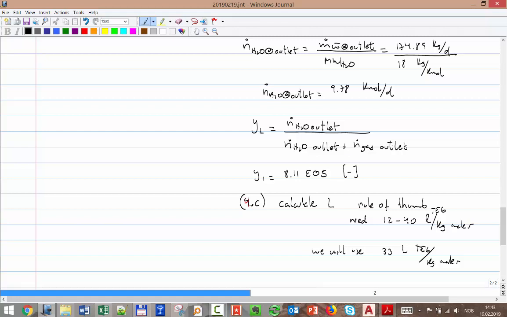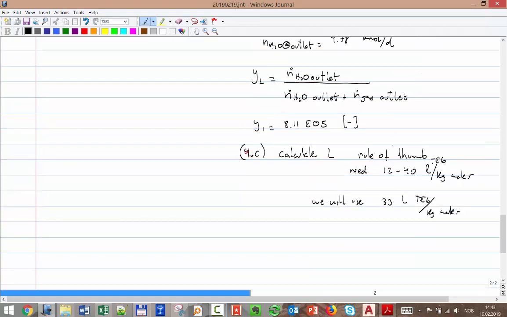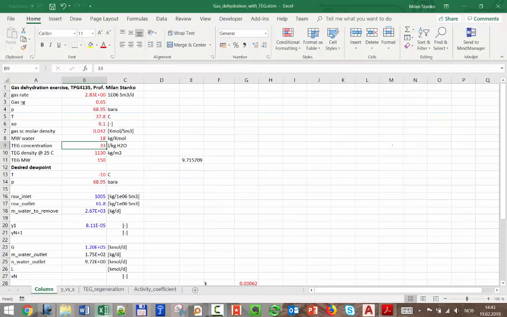Do you remember how many kilograms of water we have to remove?